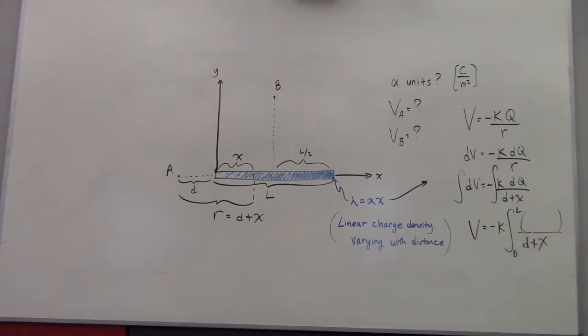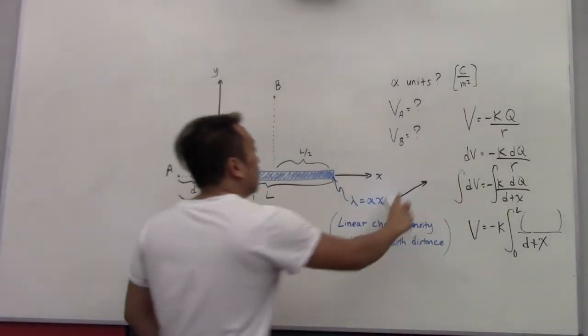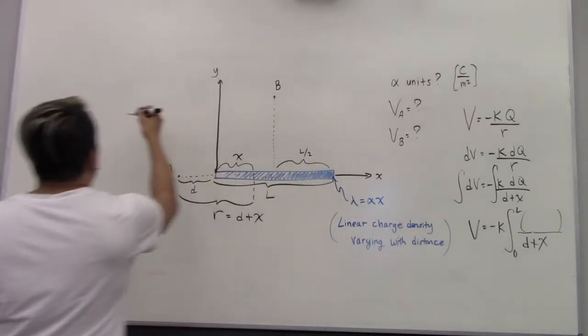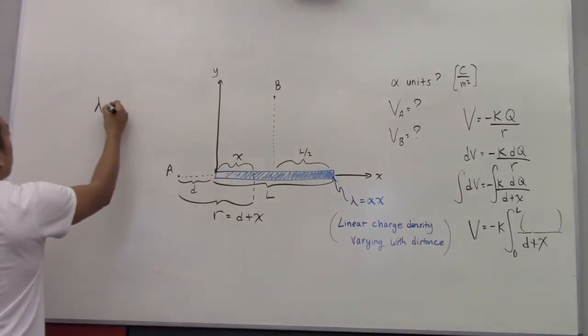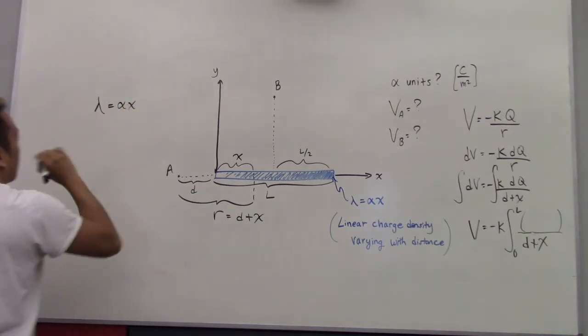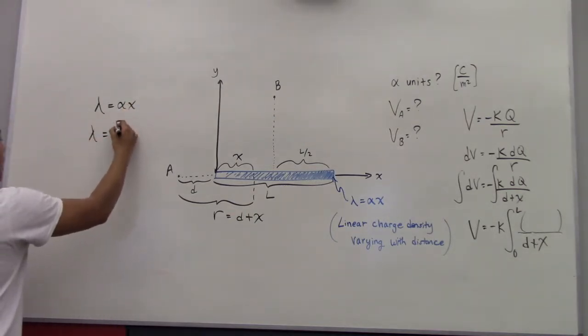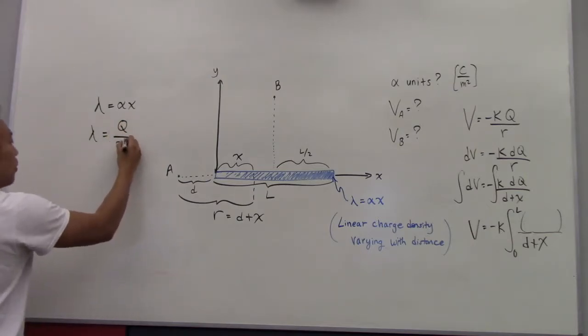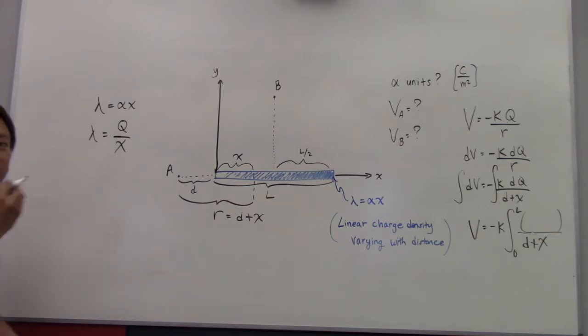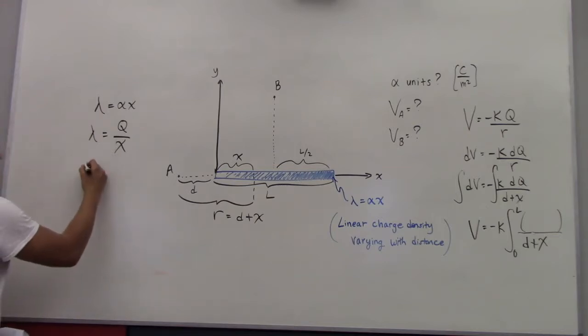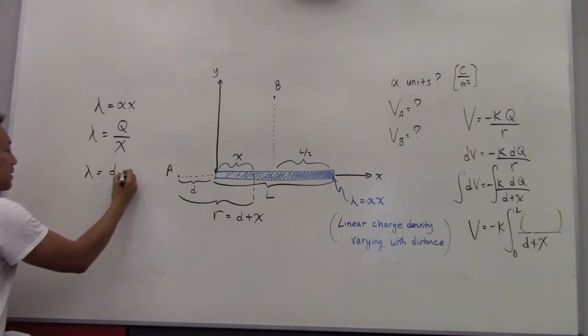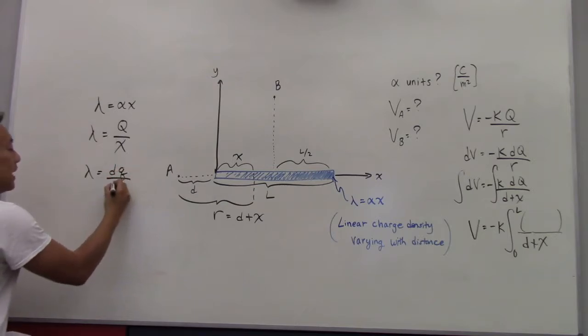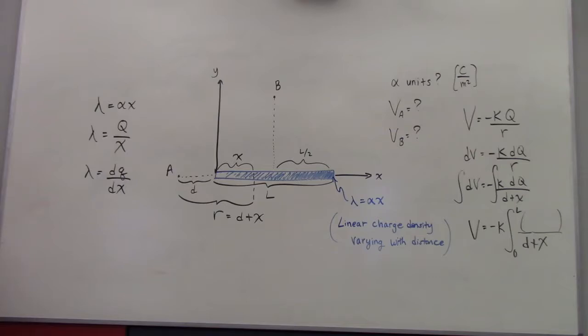All right, from there, let's go back to what lambda was. Lambda, we know, is alpha x. Lambda is the amount of charge per total length, that charge density, charge per length. So this is also correct because it's going to be in proportion to the little piece dx. This is the proportion idea.